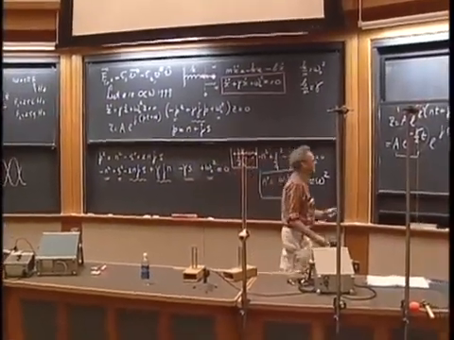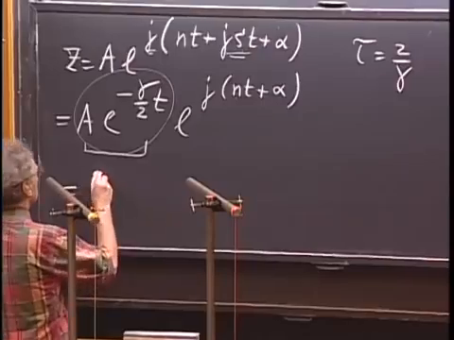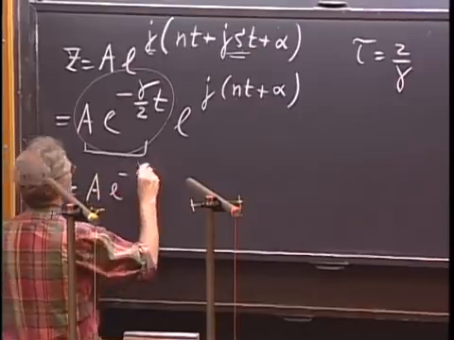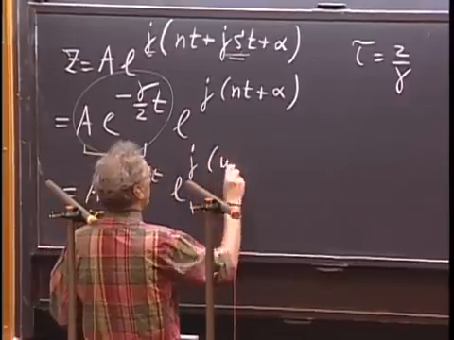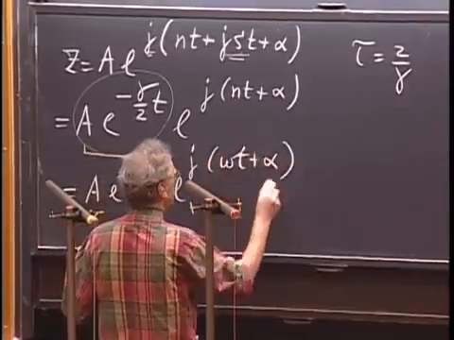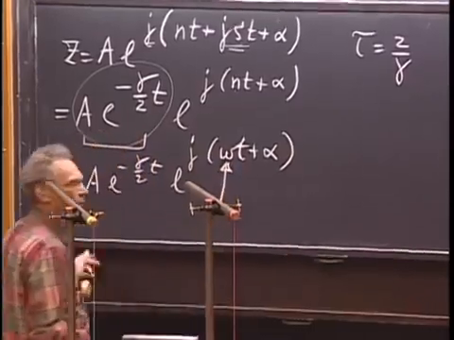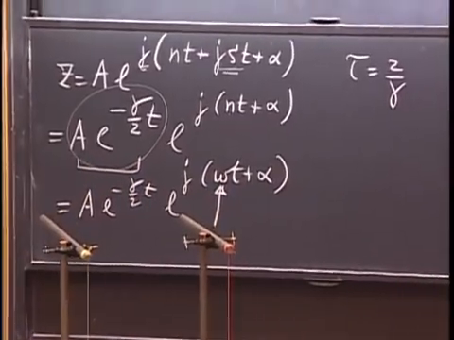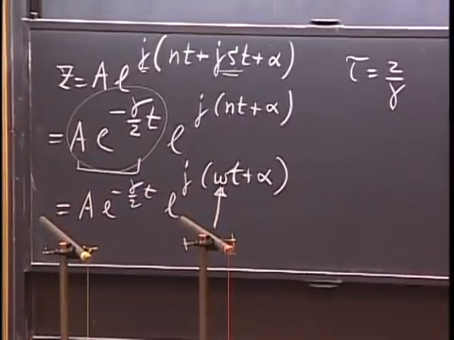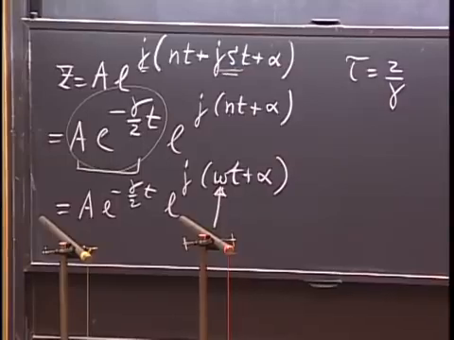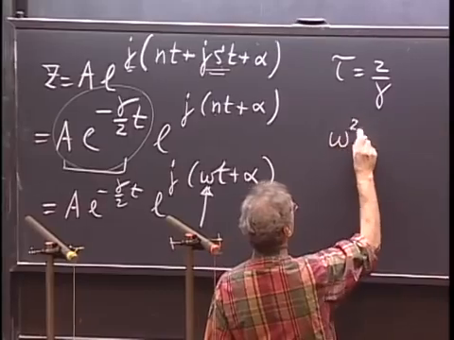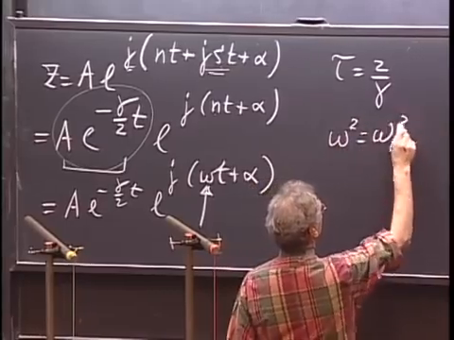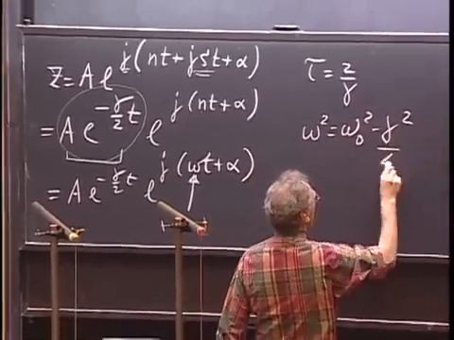And so if I write this now, a e to the minus gamma over 2, I can write down now j omega t plus alpha, and I know exactly now what that omega is. That is the square root of this number. And so therefore omega squared is omega 0 squared minus gamma squared over 4.